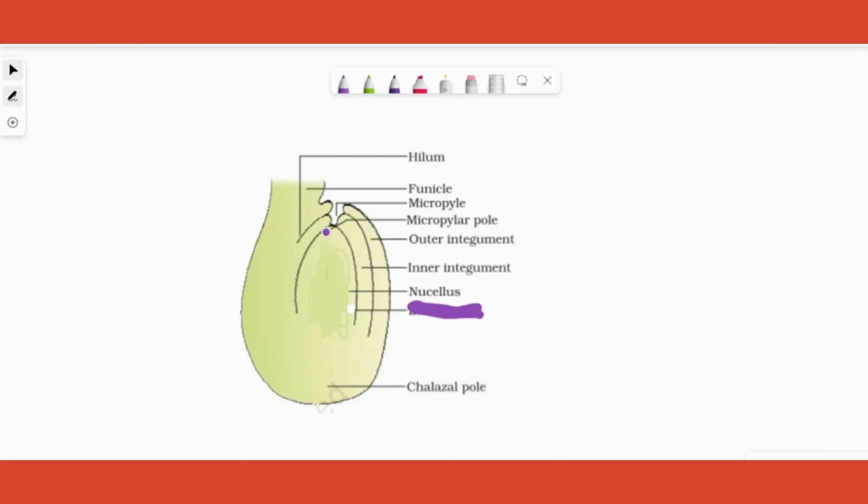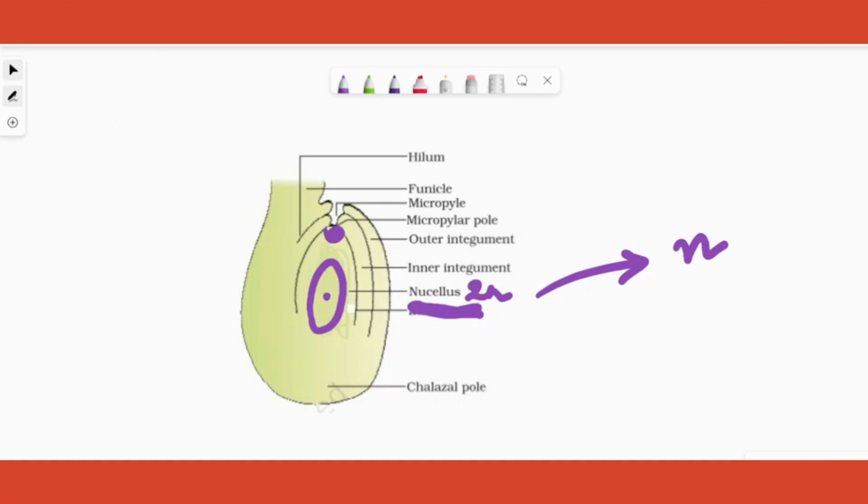So some cells near the micropylar pole are going to undergo meiotic division, correct, to form one embryo sac over here. And please remember our nucellus right now is 2n. It has to undergo meiotic division to form n, and then from there your embryo sac will be formed here. Correct? I hope you remember this much.